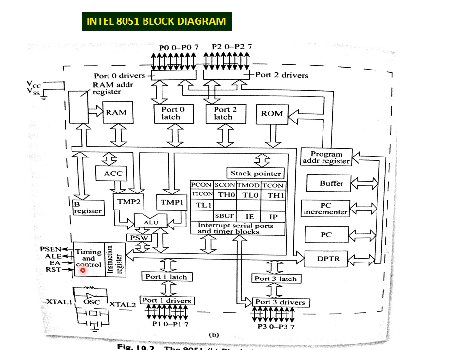And see the control signals. PSEN is nothing but program store enable. Once this is enabled, it can access data from ROM. If the processor wants to know whether I am accessing RAM data or ROM data, this pin is going to be utilized.